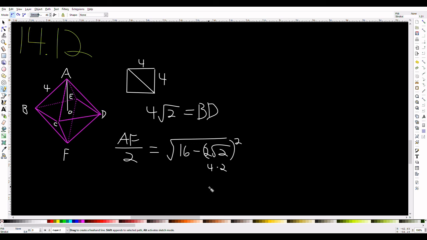So 4 times 2 is 8. 16 minus 8. Now 8 can be simplified to 2 root 2. So we have found AO. What's AF going to be? It's just going to be 2 AOs. So AF equals 4 root 2.